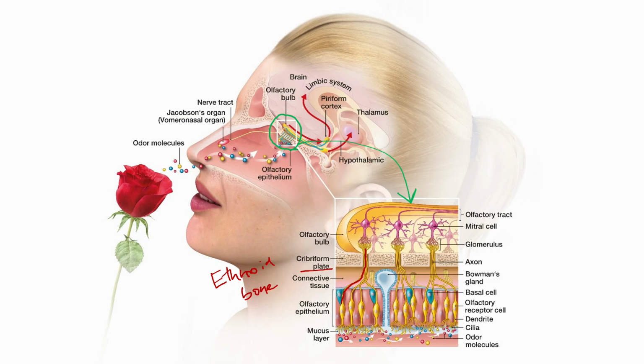Those axons extend through those small openings and join, and that is what eventually becomes cranial nerve 1 that will travel to the brain. As I mentioned, the temporal lobe is what processes and helps us understand what we're smelling.